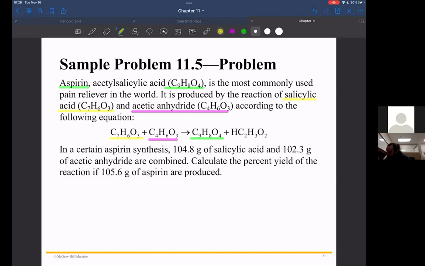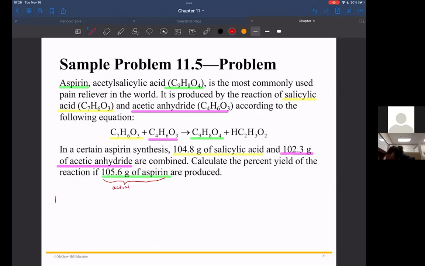So now we did a synthesis of aspirin where we used 104.8 grams of salicylic acid and 102.3 grams of acetic anhydride. Calculate the percent yield if the reaction gave 105.6 grams of aspirin. Okay, so this is our actual yield.